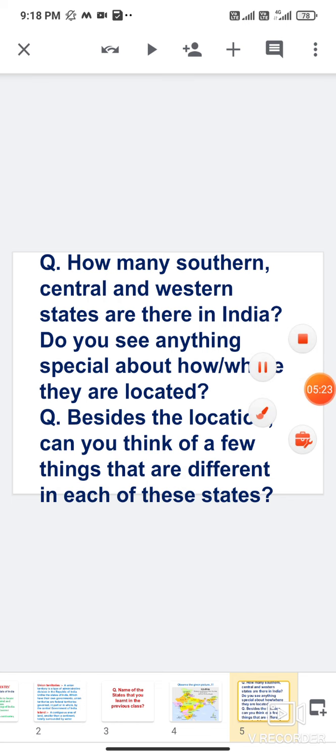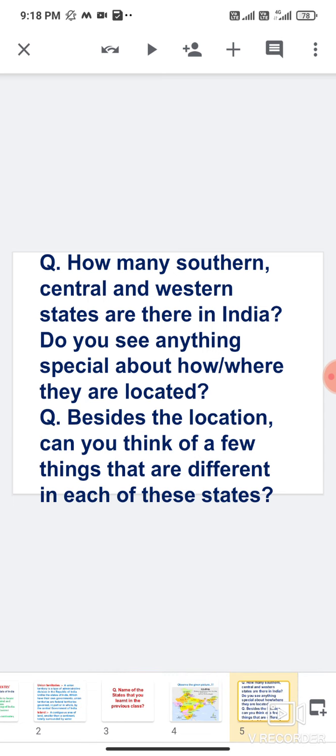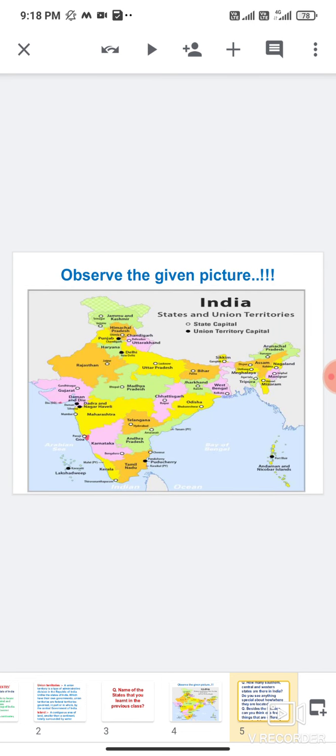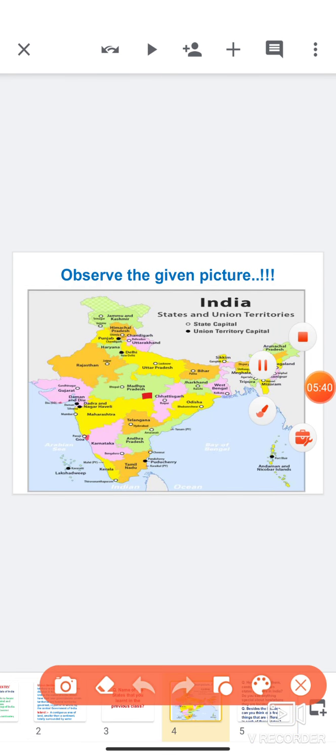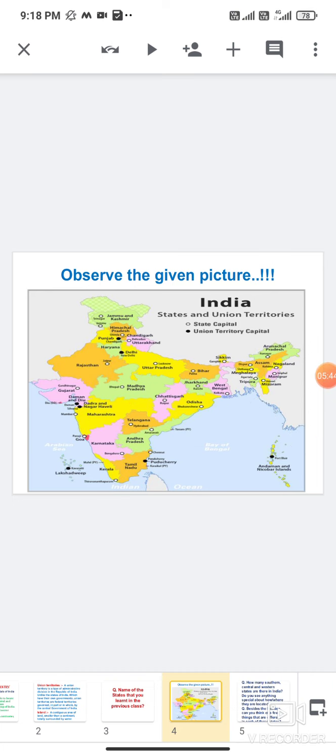The next question is, besides the location, can you think of a few things that are different in each of these states? As you can see here, what is the difference between these states? What are some of the differences that you see in those states?